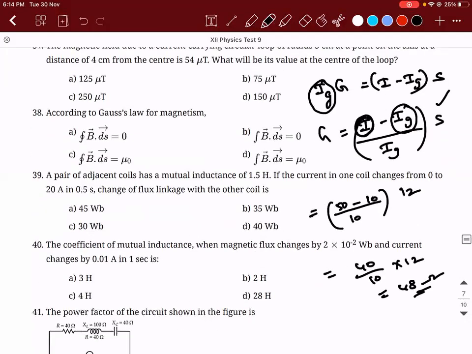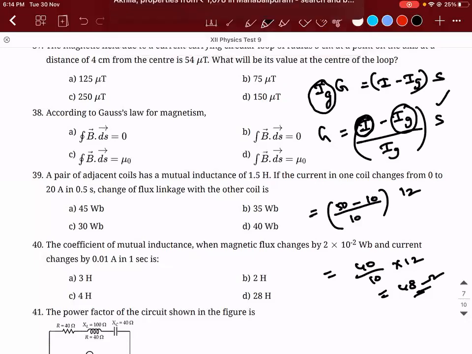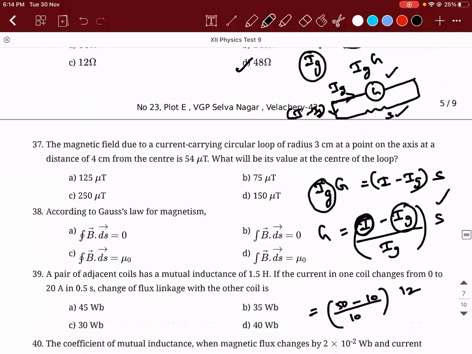So, 48 ohm. Sir, I have a doubt, sir. I couldn't understand why the number of divisions is substituted as currents. I took it as proportionality. So, what I did is 50 times Ig minus 10 times Ig divided by 10 times Ig.